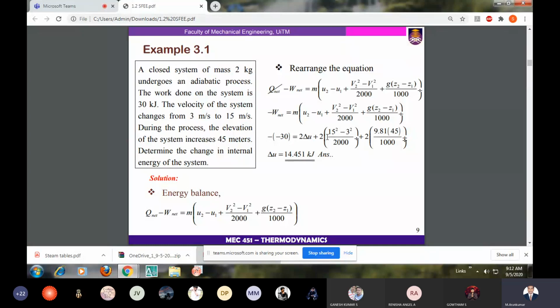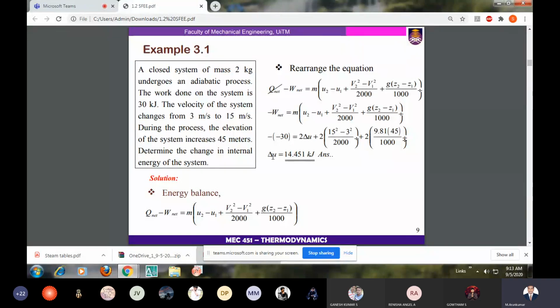Calculating these values and solving for delta U, we find delta U as 14.451 kilojoule.